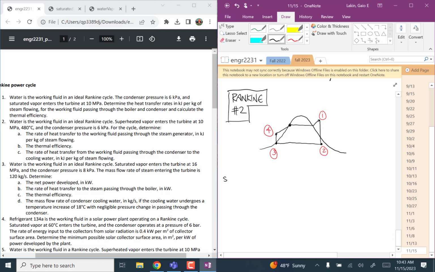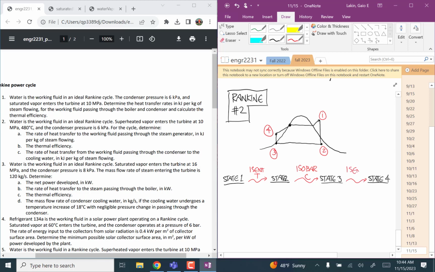State 1, state 2, state 3, state 4. From 1 to 2, we have this isentropic turbine. 2 to 3, we have an isobaric condenser.